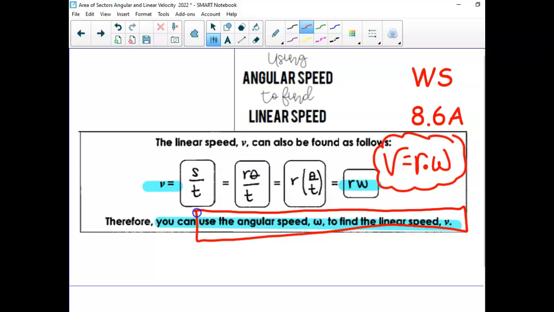So rather than teach you 16 different formulas, that's the one I'm going to use. If you want to circle it on your reference sheet, I'll let you, okay? You find the V equals R W. Okay, it's about the only one I use on there besides the S equals R theta and A equals 1/2 R squared theta.